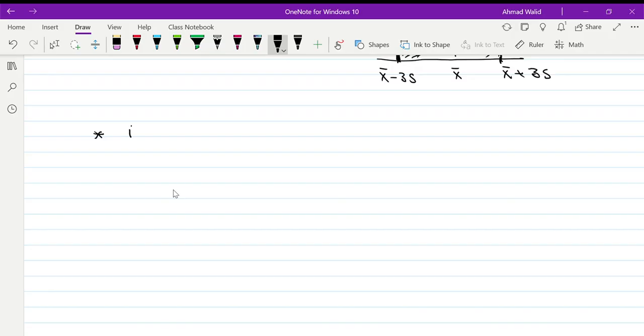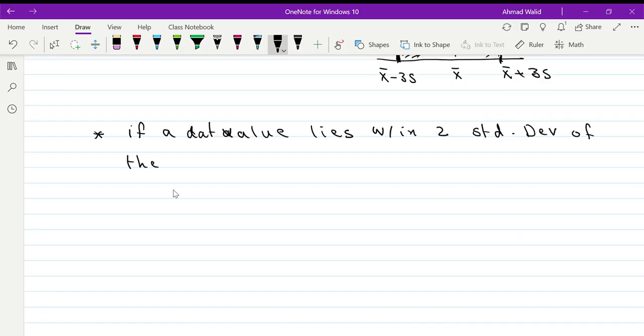If a data value lies within two standard deviation of the mean, it's considered usual.